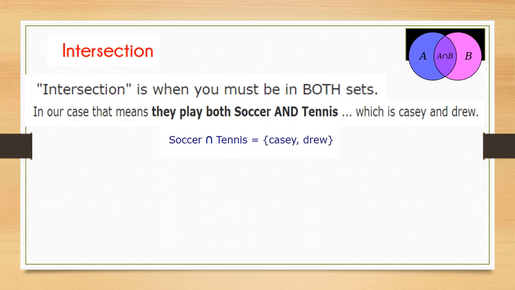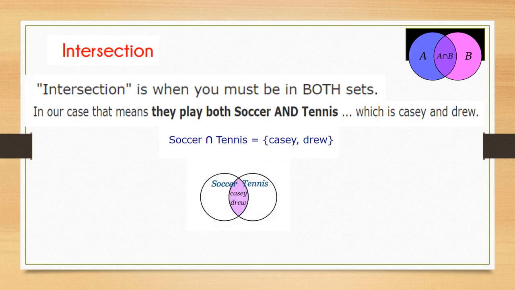So Casey and Drew, they play soccer and tennis. So intersection is symbolized like this. Union is a U shape, and intersection is the other way around, the other side of the union's symbol.